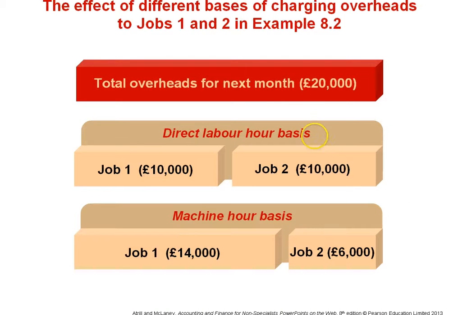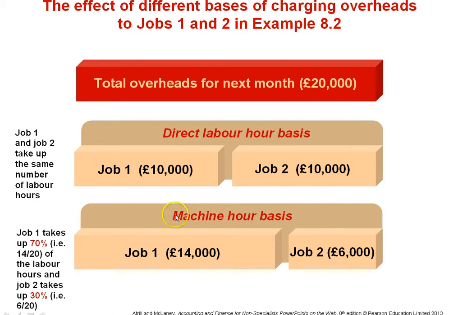So two popular bases for charging out your overheads. Here it's on a monthly basis. They've got £20,000 in the next month that they've got to charge out. So they can do it in two ways, either through direct labour hours or through machine hours. And they've got two jobs, job 1 and job 2. Now, with job 1 we assume, well, from the way they've charged out, that job 1 and job 2 take up the same number of labour hours. That's why they're charged the same, both 10,000.